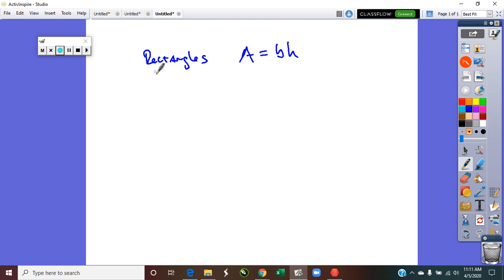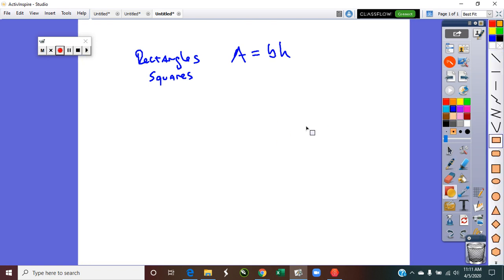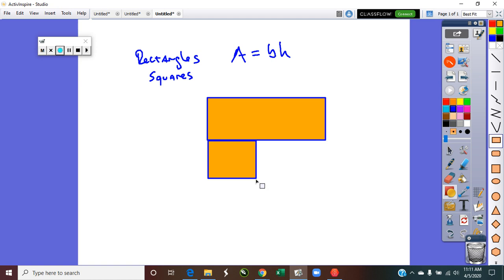It's the same thing for either one. If I have a rectangle, you know how to find the area of it, and if I have a square, you know how to find the area of that.